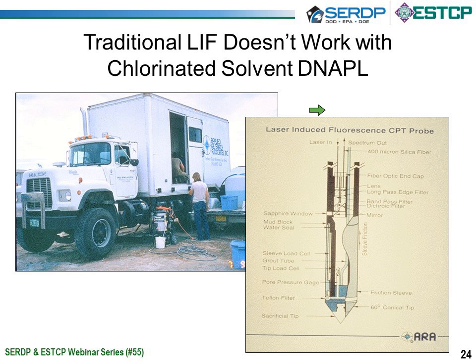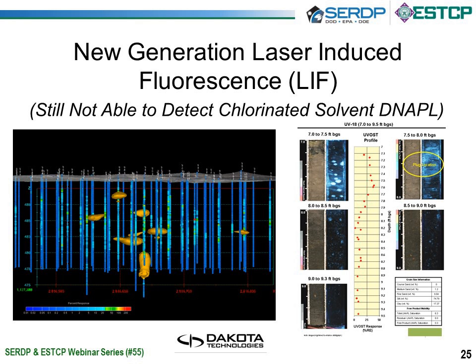It does work with petroleum hydrocarbons, NAPLs from coal tar sites, MGP sites. It's a useful technology. It has been geographically limited until about 10 years ago, when Dakota Technology received a license to sell technology and provide this as a service.